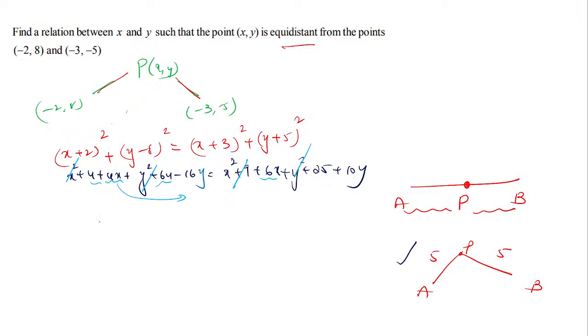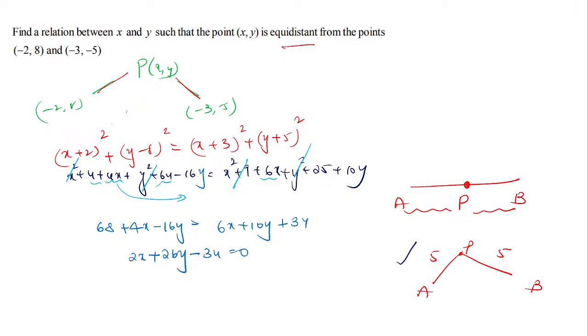Now you listen. So 64 plus 4 is 68, plus 4x minus 16y equals 6x plus 10y plus 34. Taking all x terms together, 4x minus 6x minus 4x is 2x. 10y plus this is 26y, and this is minus 34 equals 0.